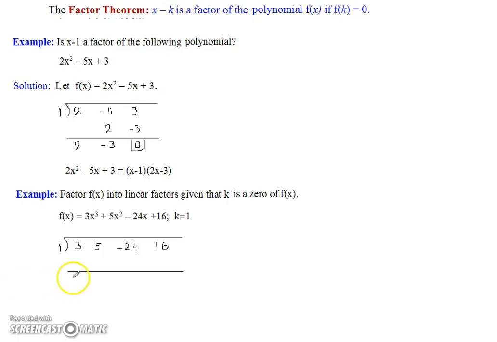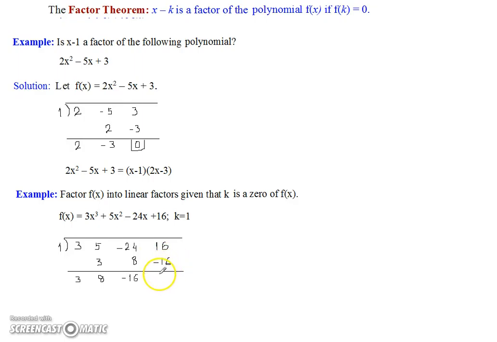Let's apply the algorithm. We start with the leading term coefficient 3. Then 1 times 3 is 3. 5 and 3, 8. 1 times 8 is 8. Negative 24 plus 8 is negative 16. 1 times negative 16 is negative 16. 16 minus 16 is exactly 0.